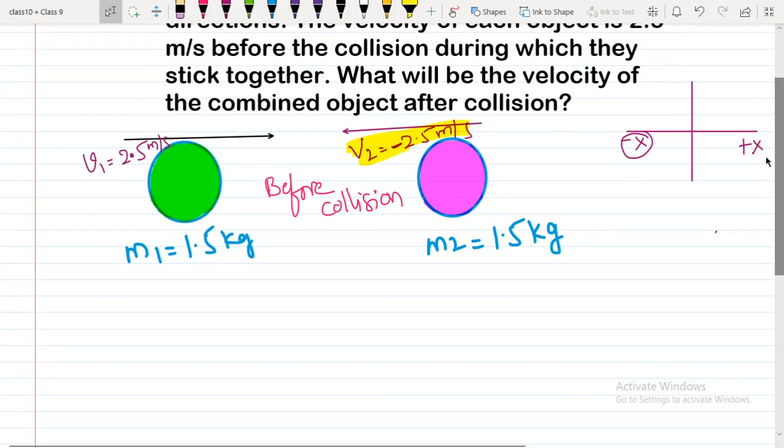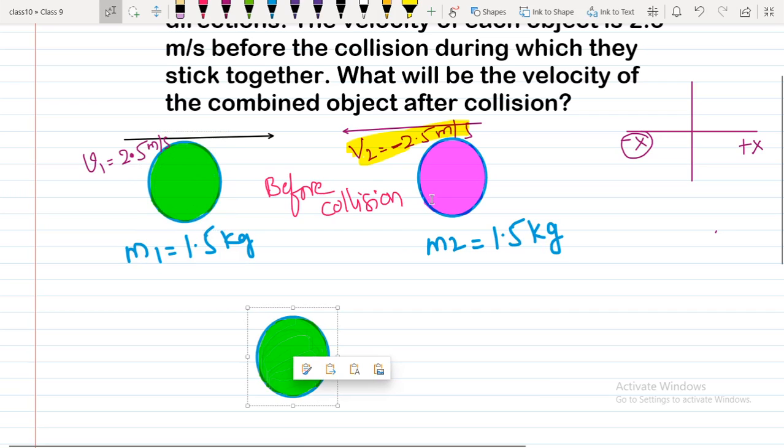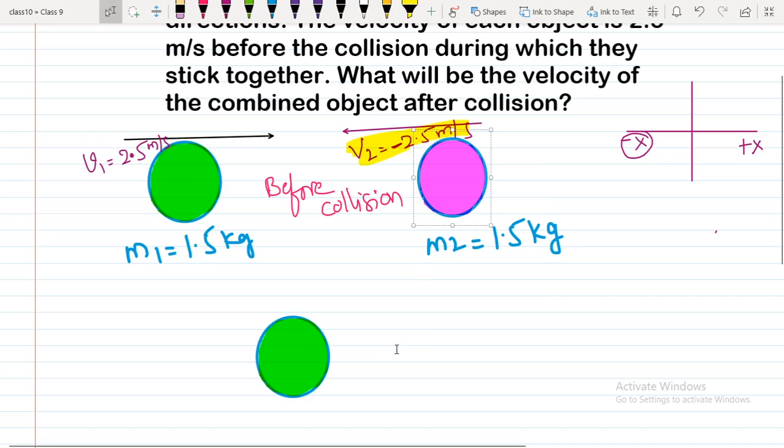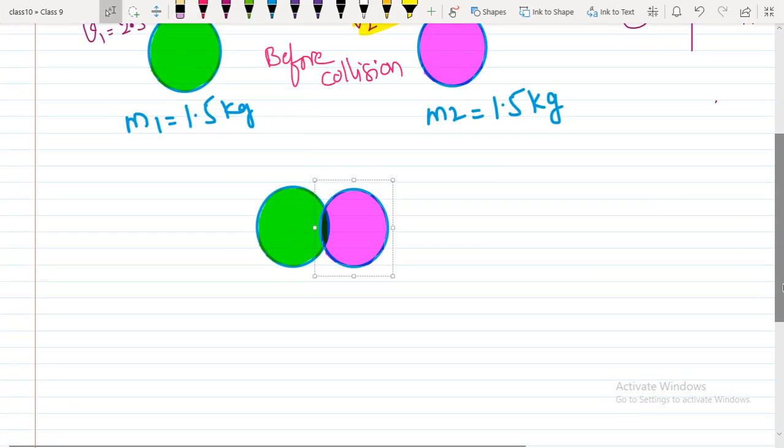Now after collision, what happens? It means they both collide. Suppose I take this image, I will take the ball and copy this one. Now these two have collided.